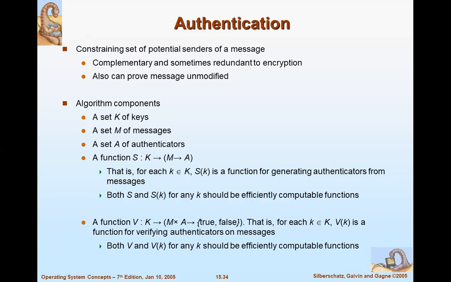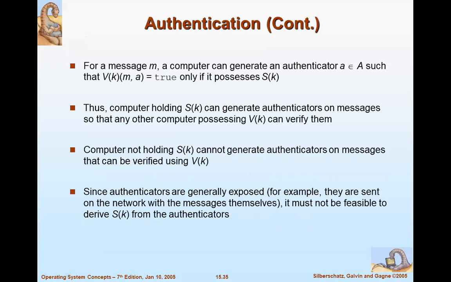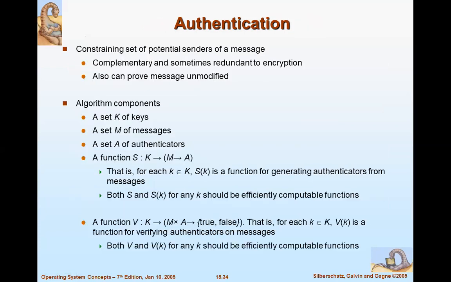A function V from K, message and then authenticator, and you can see over here that the result is either true or false, where k again belongs to capital K, and V_k is a function for verifying the authenticators on the message. Both S and V_k for any k should be efficiently computable.